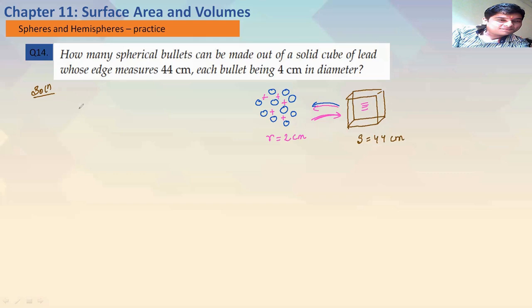Number of balls, right? So we do not know the number of balls. Let us start by assuming let n be the number of balls or bullets made.